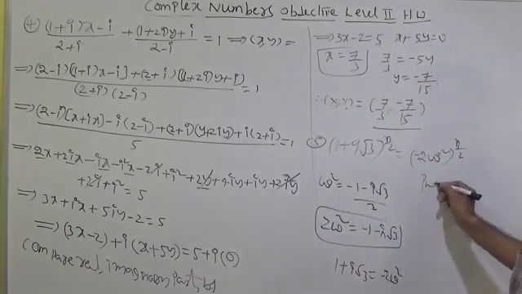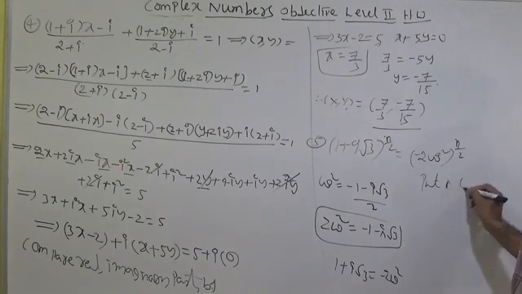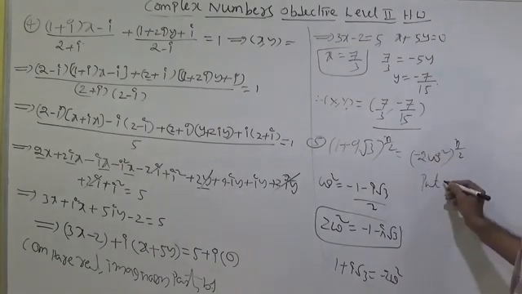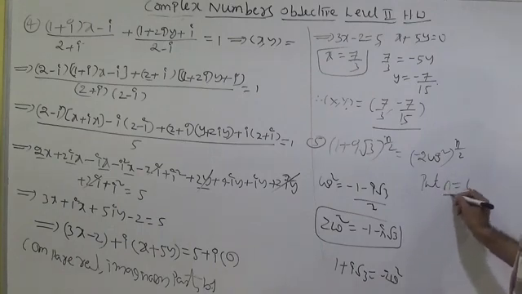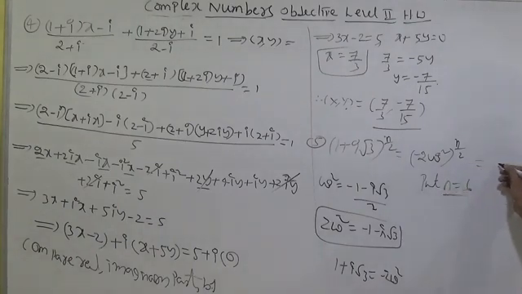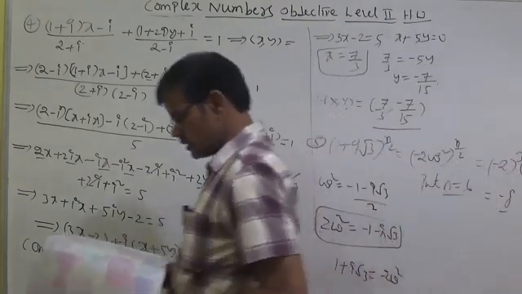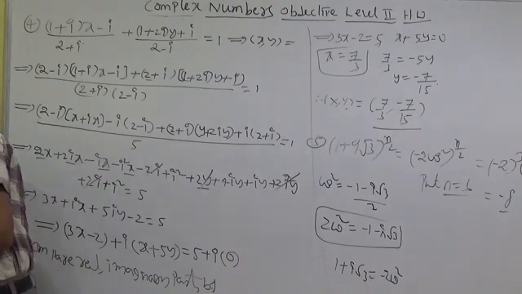Put n equal to 6 according to the option; here n equal to 6 is the correct value. If you put n equal to 3, it becomes power of 3 by 2, which is not in a proper way. So you can write 2 power 3 into omega cube, that is equal to minus 8, which is real. There is no imaginary part. So n is equal to 6. Option 3 verified.